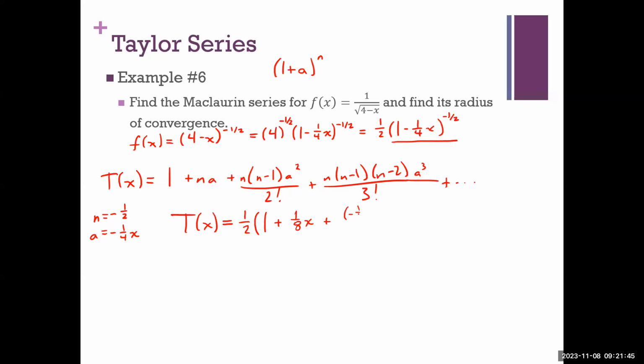So -1/2 times -3/2 times what's a squared? 1/16 x squared, all over 2 factorial.